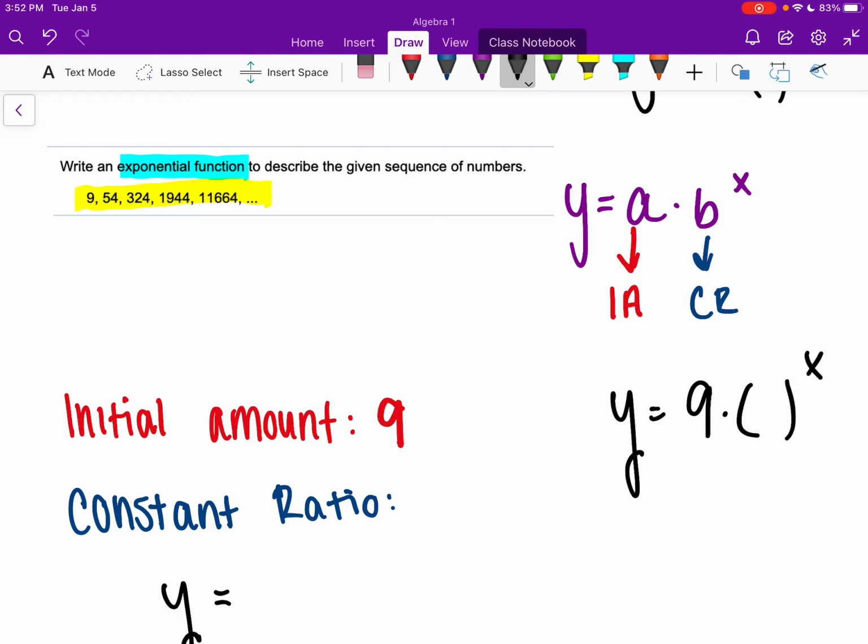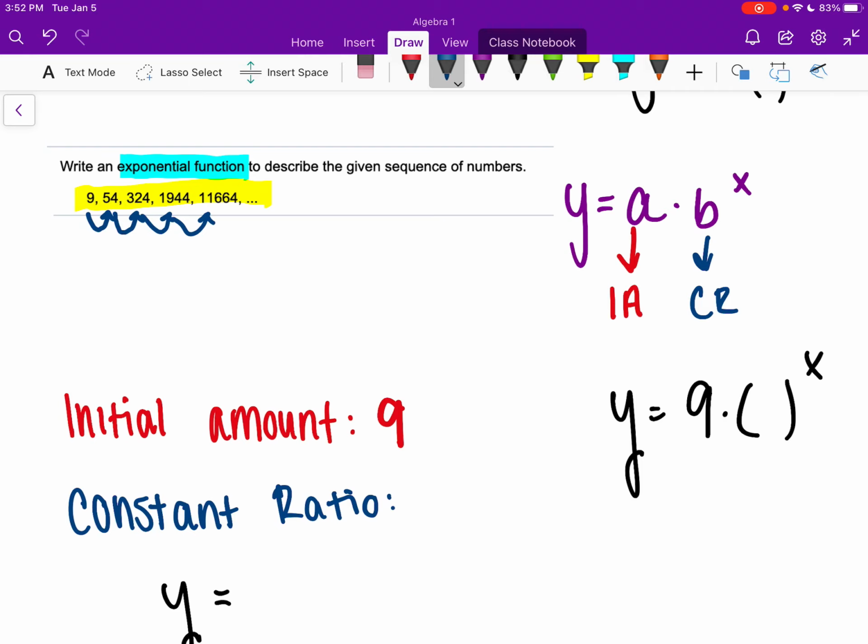And now all we have to do is find out that constant ratio. So our constant ratio is what we multiply by each time. So we want to know 9 times what is 54? 54 times what is 324? This is going to be the same each time.